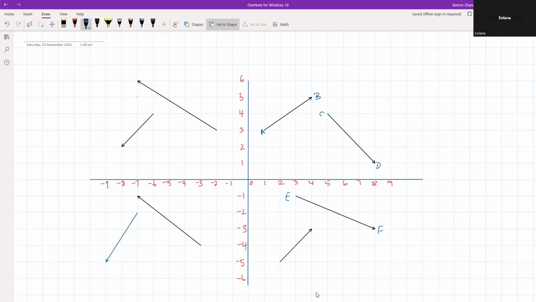Excuse me, sir. Yeah? So it doesn't have to start in the middle, right? Nah, that was position vectors. So this one we're looking at is a different type of vector. These are called free vectors. So the one we did before was position vectors. Position vectors always start from the middle. This is free vectors now. So we're looking at position vectors and free vectors, and we're learning how to write them as a column matrix.